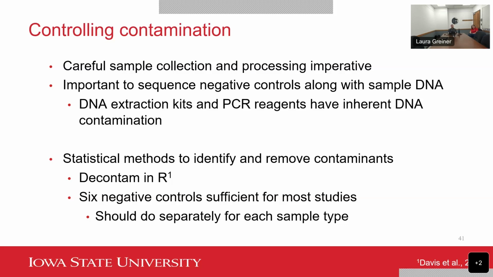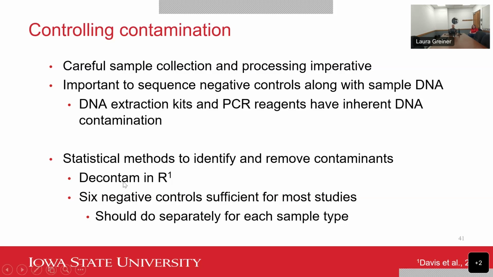But outside of simple sample collection and lab processing, it's also important to sequence negative controls or blank samples when we do our DNA extraction and sequencing. We'll take all the reagents of the kits and PCR products and sequence those as well, because we know there is inherent DNA in those kits. By doing that, we can use statistical methods to identify which contaminants are just from reagents, then use software to remove those from our analysis.